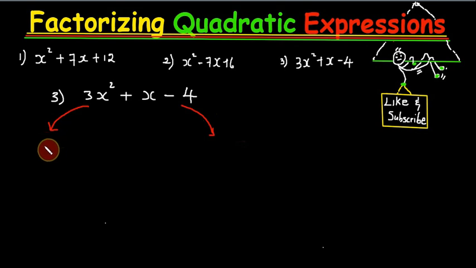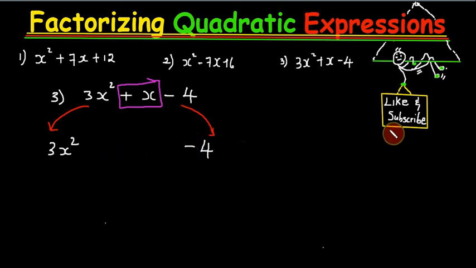What is our head? Yes, you got it correct: 3x squared. What is the tail? Yes, you got it correct: it is minus 4. Again, our aim is to expand the belly in order for us to have 4 terms.